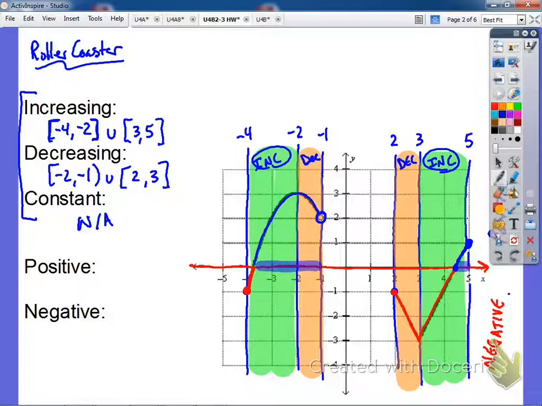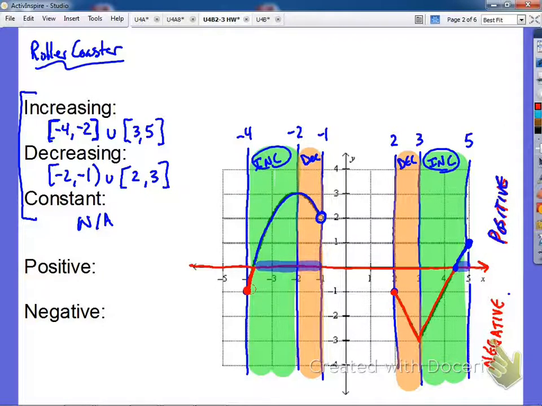Now, if I took this section over here and I squished it onto the x-axis, it would land right there, right?